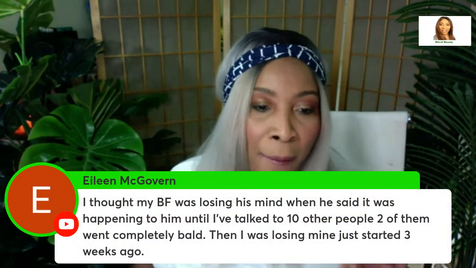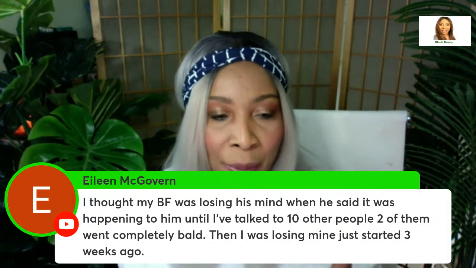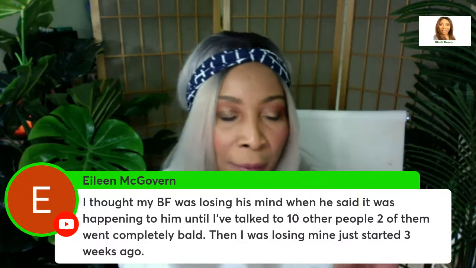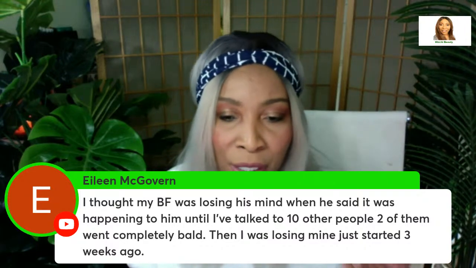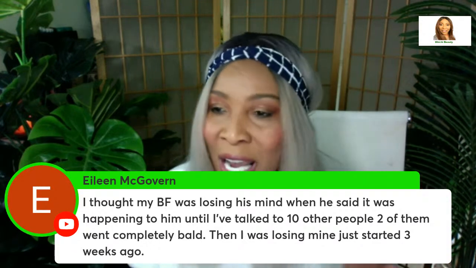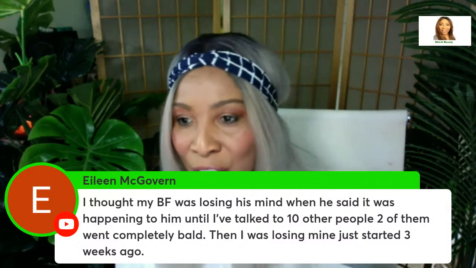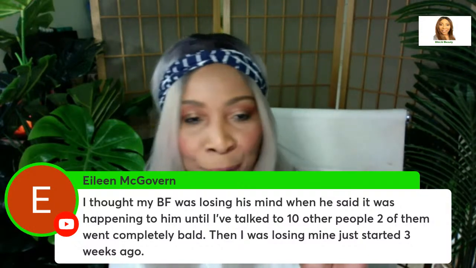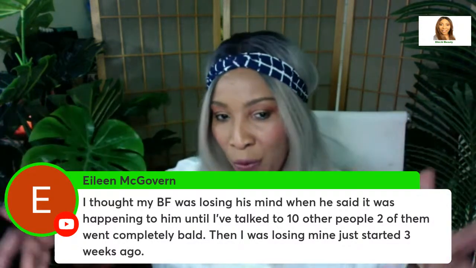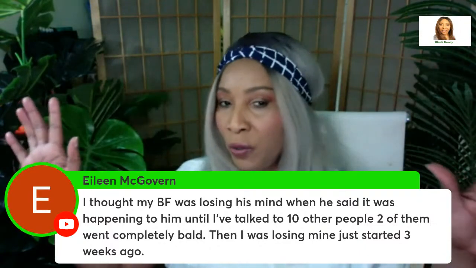I thought my best friend was losing her mind when he said it was happening to him, until I talked to 10 other people. 2 of them went completely bald. Then I was losing mine, just started 3 weeks ago. And guess what? As we age, not only does the collagen slow down in the body, everything's slowing down, okay?